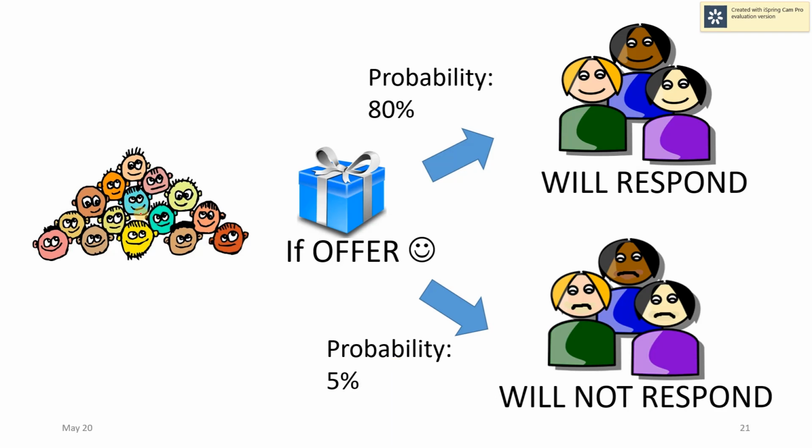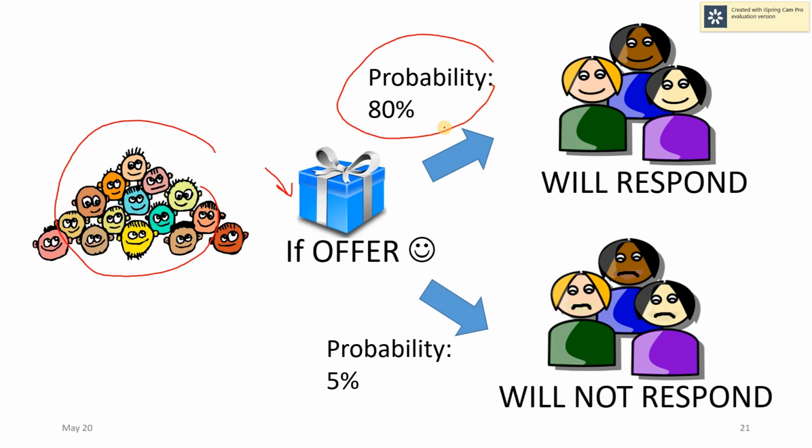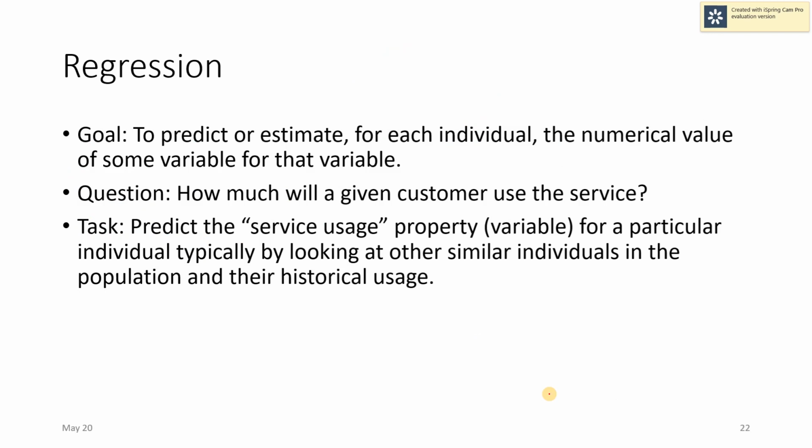So for example here you have a set of customers, then you do the phone call to offer something about your telco provider. So in class probability estimation, you have the probability, for example, 80% will respond and 5% will not respond.